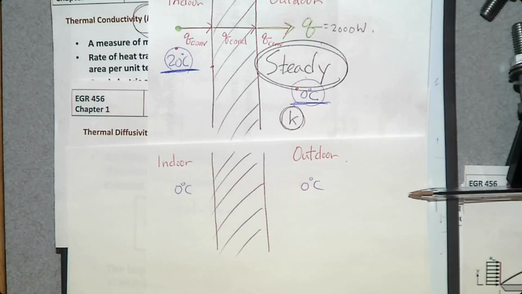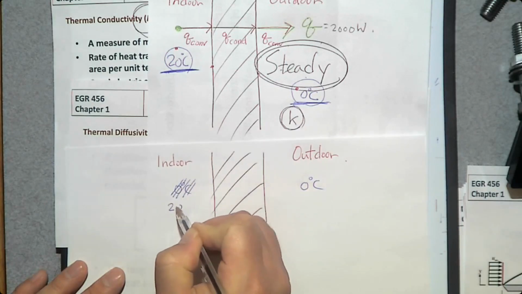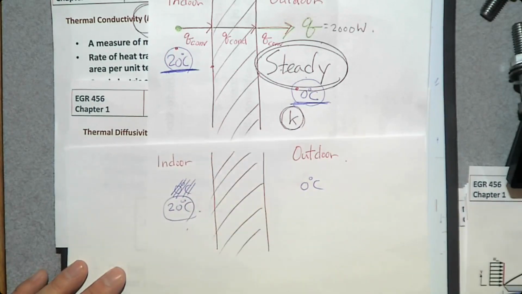Now let's assume that we just turn on the heater, and therefore the temperature inside goes up first. Let's assume that the heater suddenly increased the temperature of the air to 20 degrees Celsius. Then what's going to happen to the temperature of the inner surface?